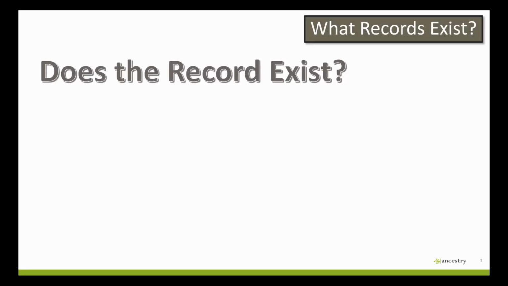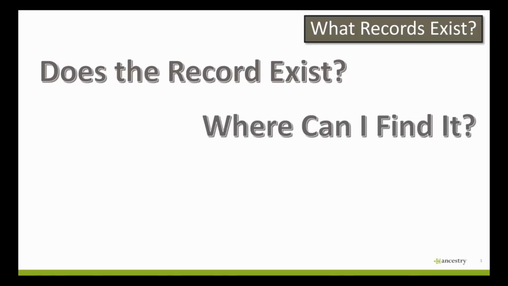Or if you're brand new to family history and your parents are immigrants from Ireland or from China or from Germany or from Uganda, wherever in the world, it might be really useful to familiarize yourself with what records exist in the world. And then the next natural question that flows from that is, if the record exists, where can I find that record?